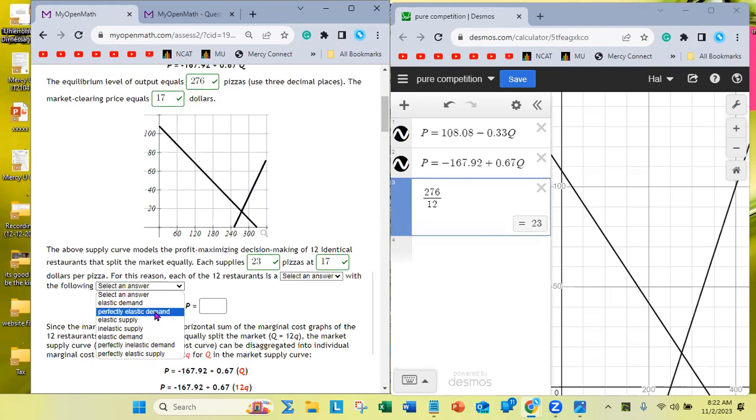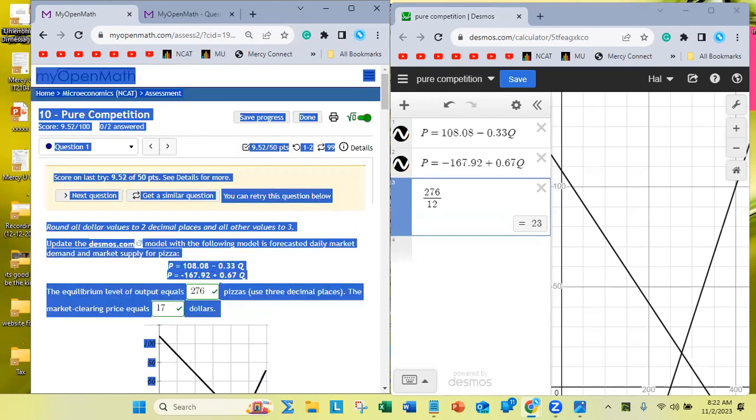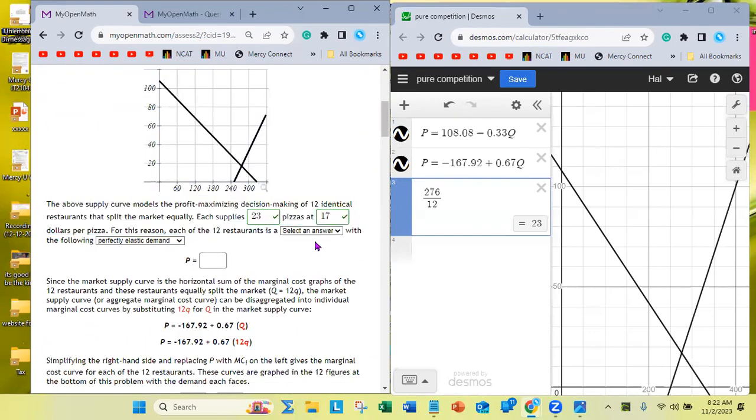Now, why do we say perfectly elastic demand curve? So, for example, for the 12th restaurant, customers know that they can buy their pizza at restaurants 1, 2, 3, and so on, up to 10 or 11, at $17. They can go somewhere else and get it for $17.